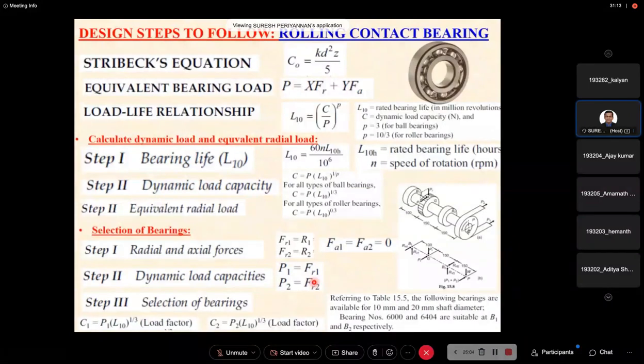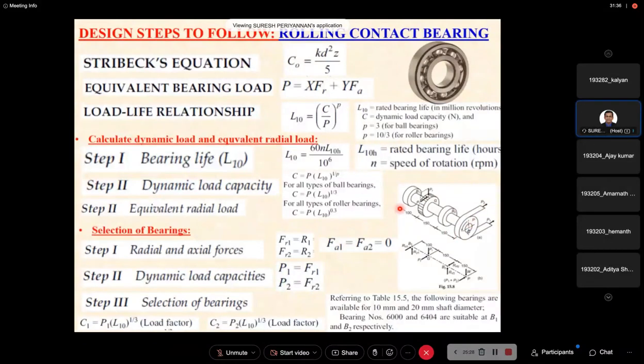How do we get FR1 and FR2? See this system, for example. Bearing 1 is here, bearing 2 is here, located on the shaft. The shaft is connected to the gears and to the pulley.